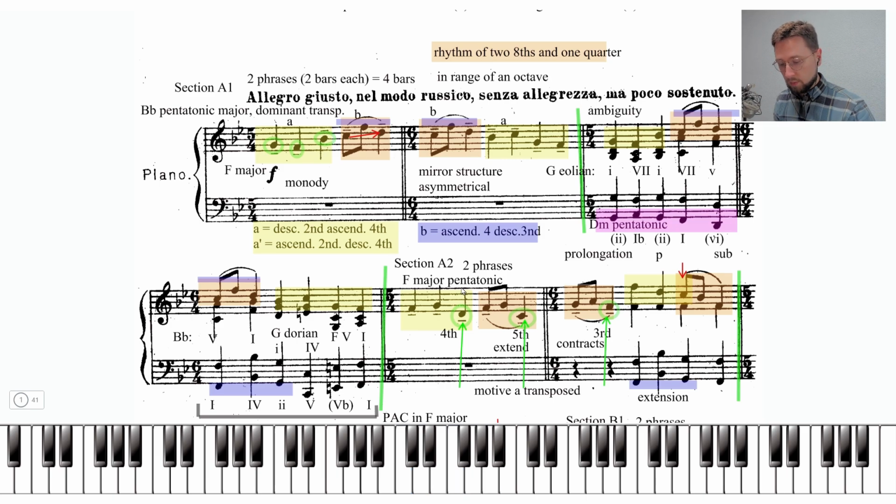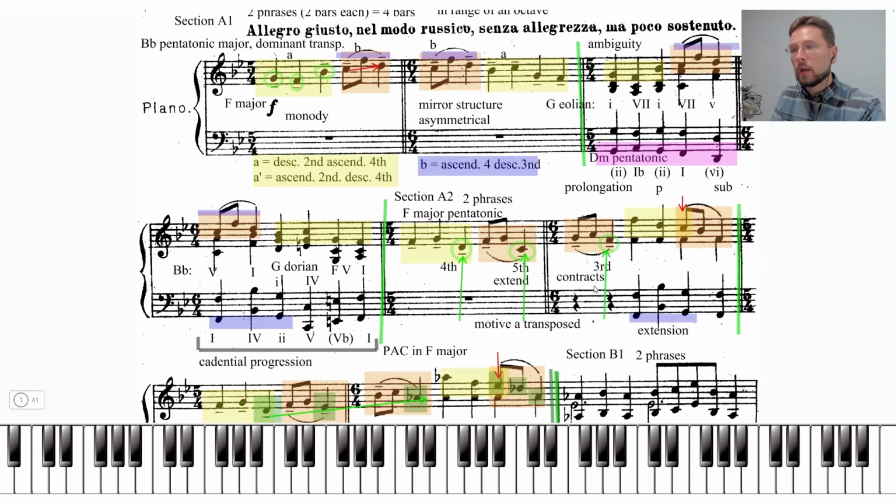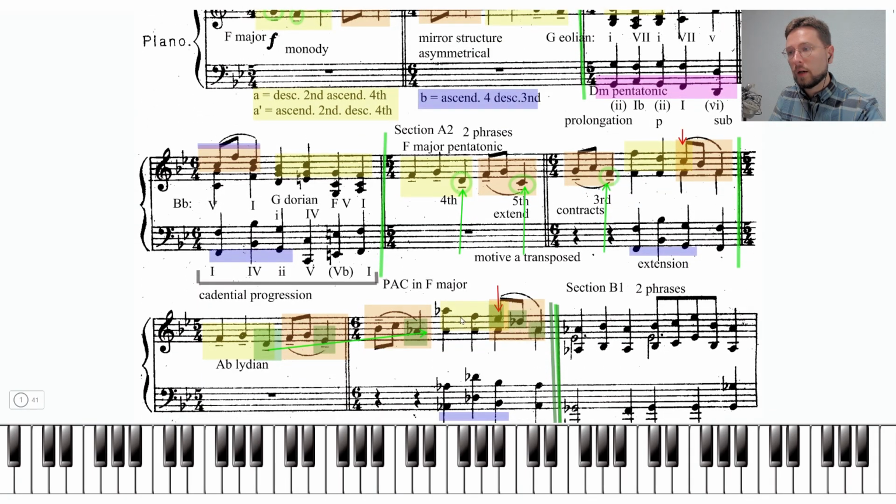So F major pentatonic is this. B flat pentatonic is this. So we're moving from this to that note. Now, the next one that we have here is A flat. So we're moving to A flat pentatonic.